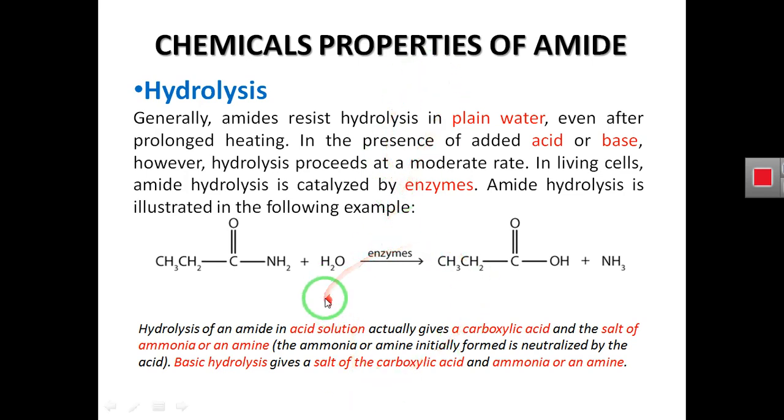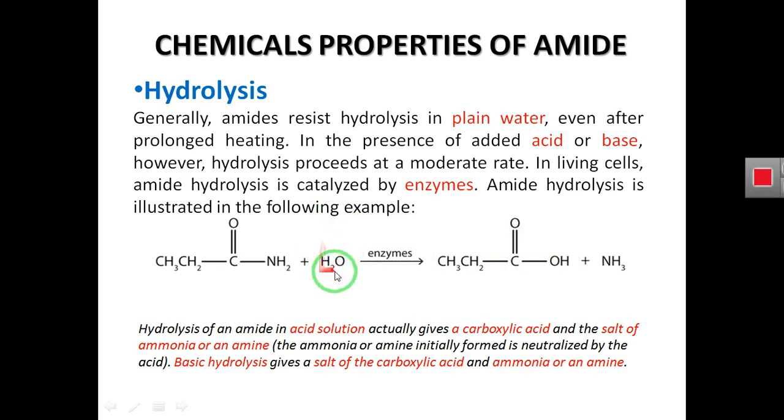So we can see here what happened. We have an amide, and we want this amide to add a water molecule. We will have an enzyme, and this enzyme will assist the water molecule to add to the amide.